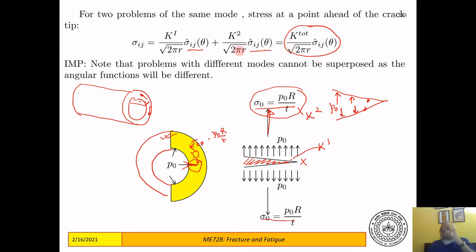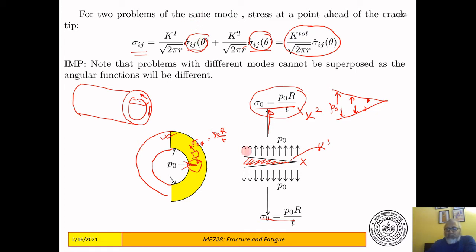Here, before you superpose, you should take care of a couple of things. You can superpose obviously the same component of stress only, because these angular functions are dependent on which component of stress you are looking at. And the second thing, these angular functions are dependent also on the mode.